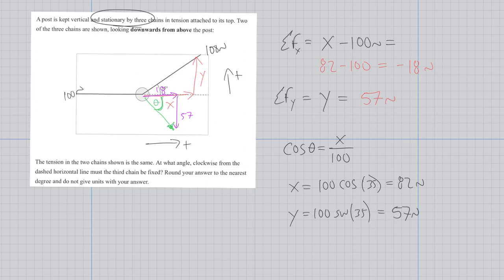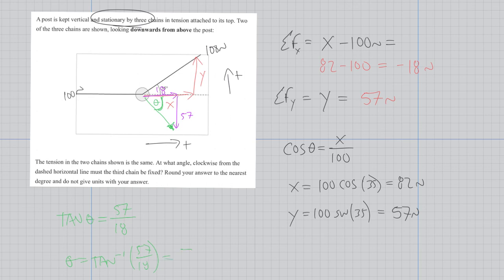So that's my theta. If I know the x component and the y component, I don't need to find my total force. I can simply use the concept of tangent. Tangent theta is going to be my opposite, which is 57, divided by my adjacent, which is 18. So my angle is the inverse tangent of 57 divided by 18.